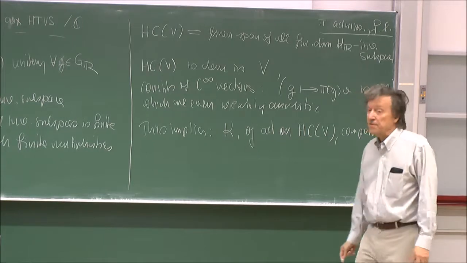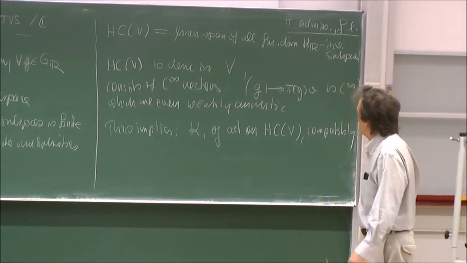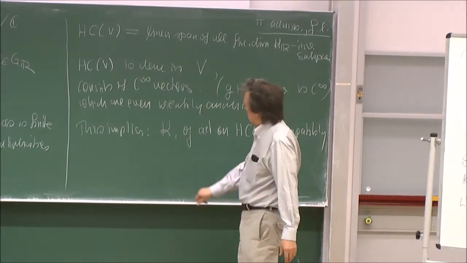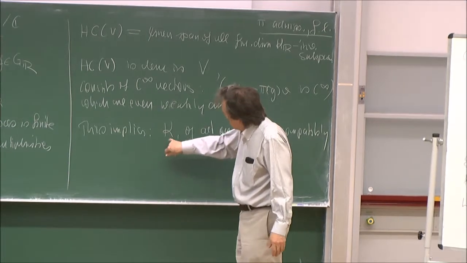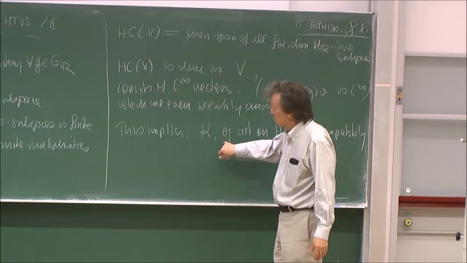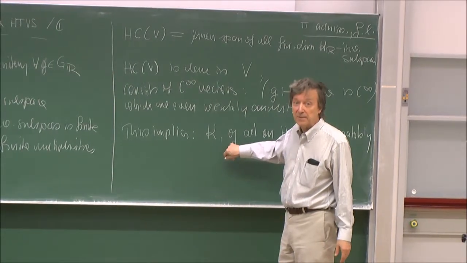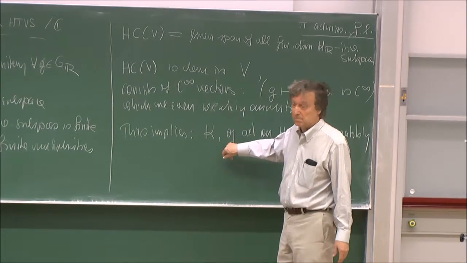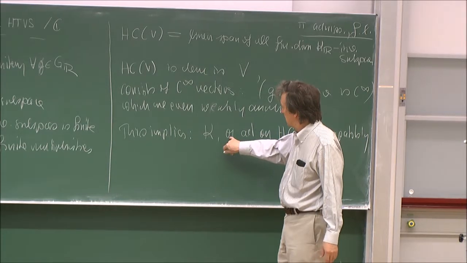So what does it mean for the actions to be compatible? Well, the Lie algebra of K is gothic k, which is a subalgebra of gothic g.